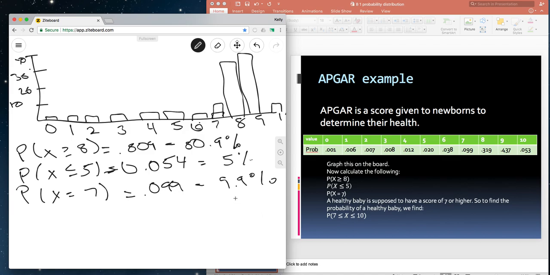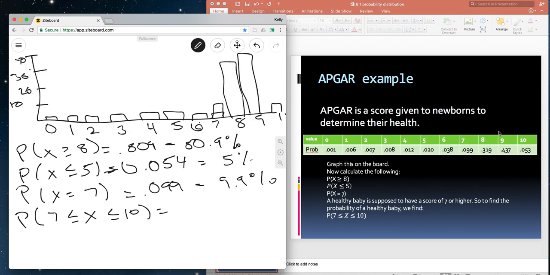A healthy baby is supposed to have a score of 7 or higher, so find the probability to find a healthy baby. Another way to write it is to write it in between values. So if I'm asking what's the probability of x being between 7 and 10, I would just add up 7, 8, 9, 10, and I would get those values.